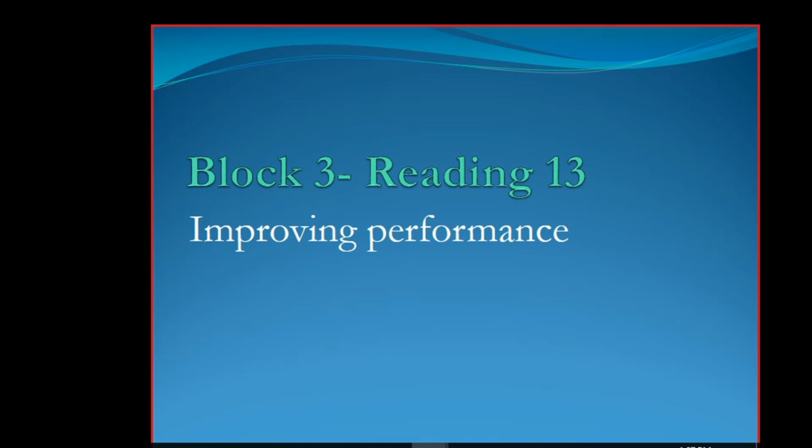Okay. So now we will go to the last part, which is about reading 13. And we will discuss improving performance. For organizations that really care about their quality, as we said, they try to always improve their performance.